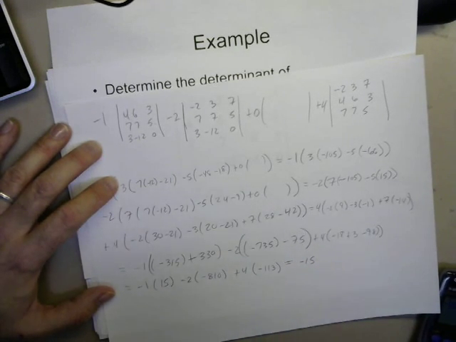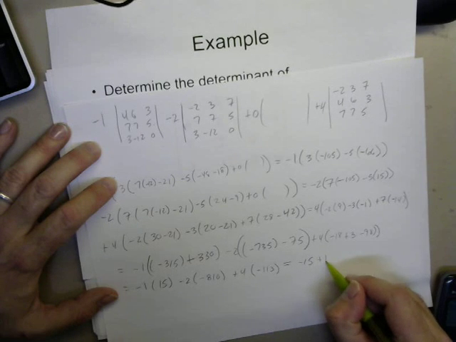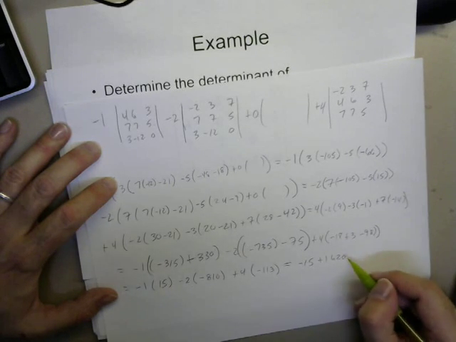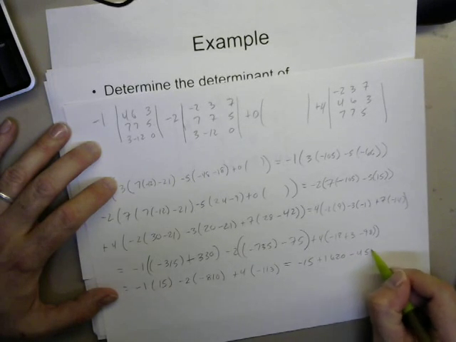So finally working this all out, you'll get -15. Let's see, 2 times 810 will give you plus 1620. And then 4 times 113 will give you a minus 452.